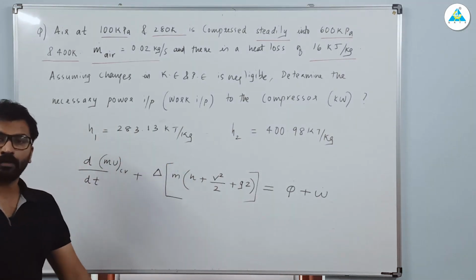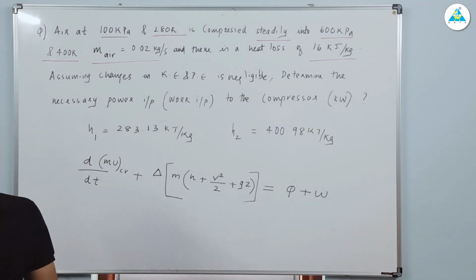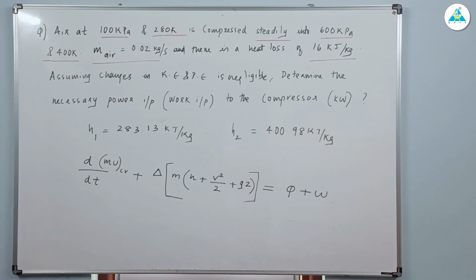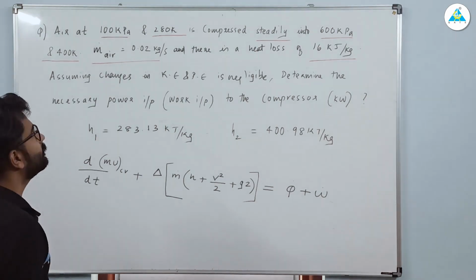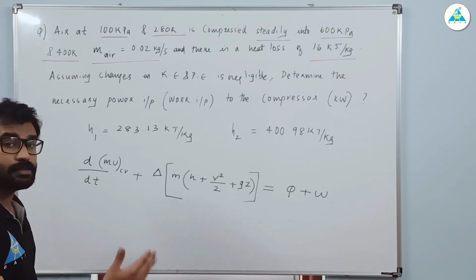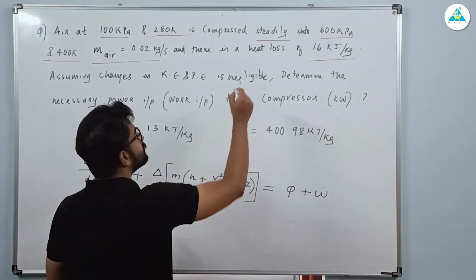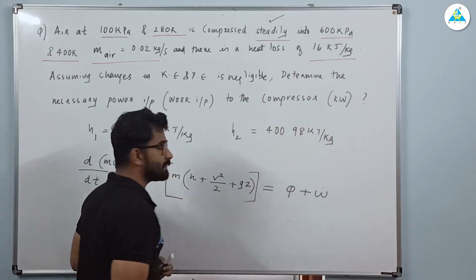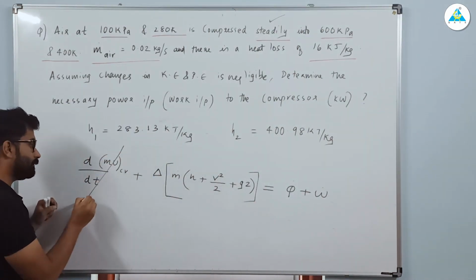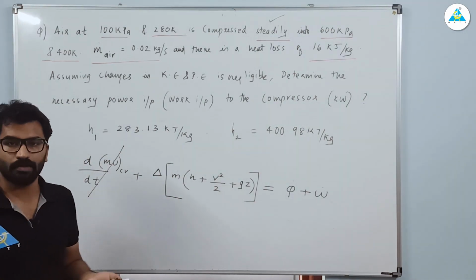Now let us see from the question given to you, what are the things that can be cancelled in this equation? क्या क्या terms cancel कर सकते हैं यहाँ पे? First thing, it is a compression process. It is a steady flow device. So first term, steady flow is given, so this term can be cancelled out. Simple, right?